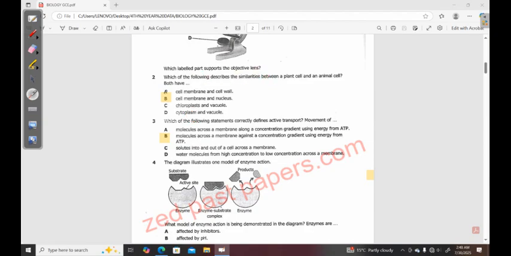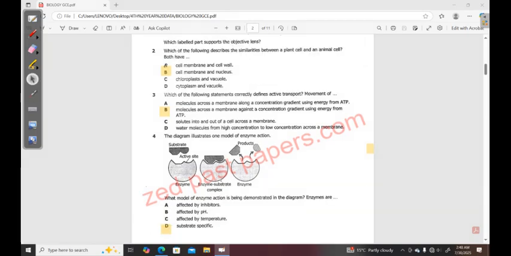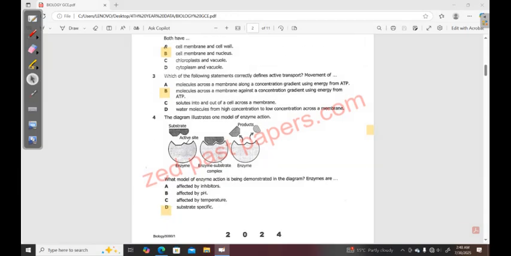Okay, so we go to question 3. Which of the following statements correctly defines active transport? Movement of A, molecules across a membrane along a concentration gradient using energy from ATP. B, molecules across a membrane against a concentration gradient using energy from ATP.